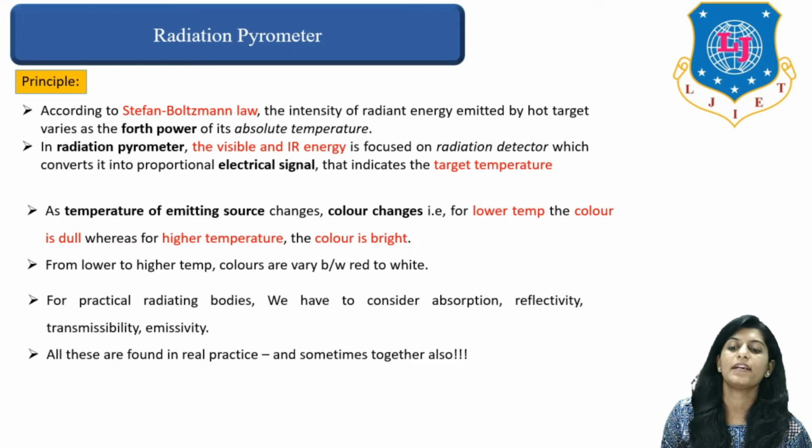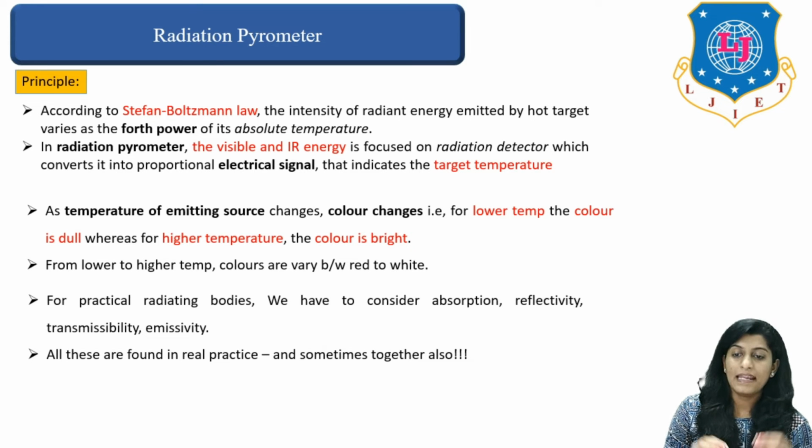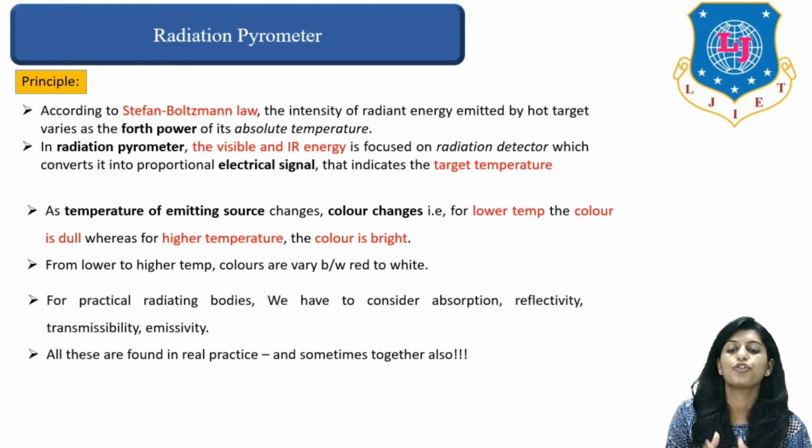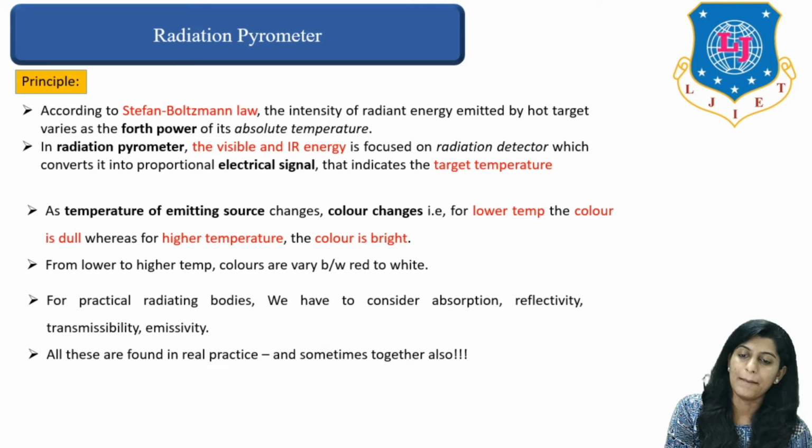Right, so according to Stefan-Boltzmann law, radiant energy or radiation given by any hot body varies with the fourth power of absolute temperature. And in radiation pyrometer, the visible and infrared energy is focused on a radiation detector, which converts it into a proportional electrical signal, and that will ultimately give us our targeted temperature.